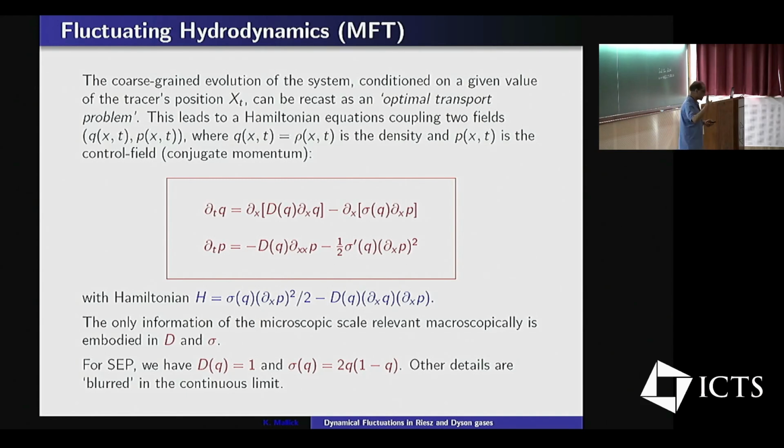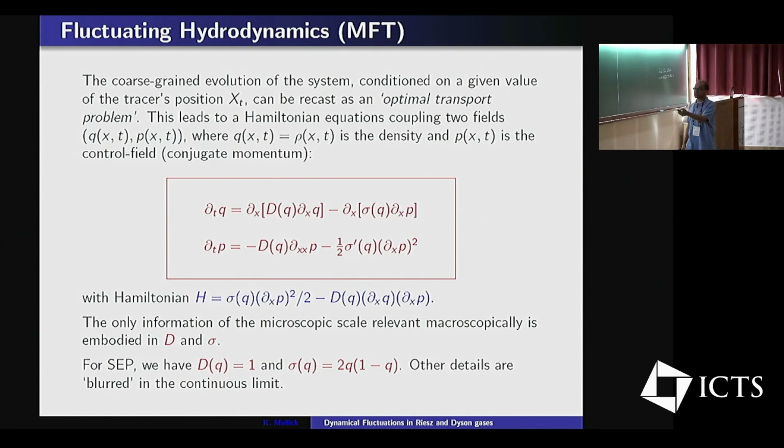So these equations have a Hamiltonian structure, and they were written almost 20 years ago by the group of Rome around Giovanni Jona-Lasinio, and these equations contain the macroscopic non-equilibrium fluctuations of the symmetric exclusion process, or in fact of any diffusive system.